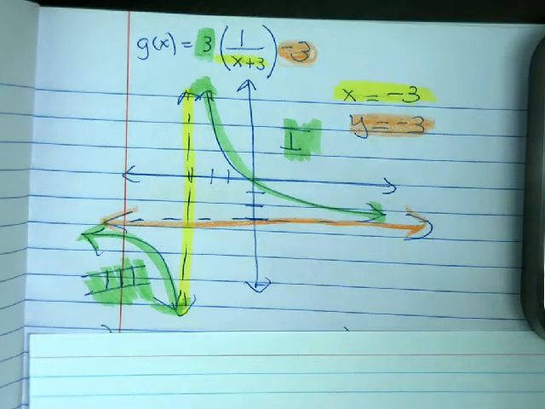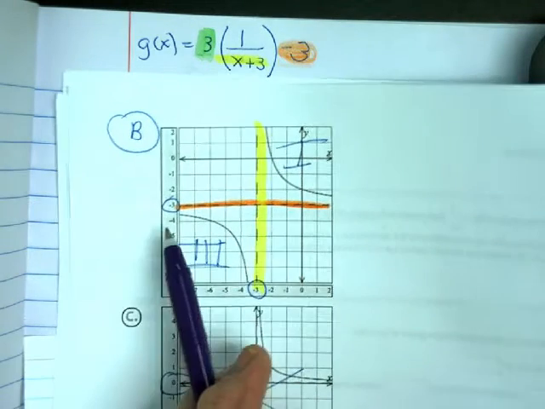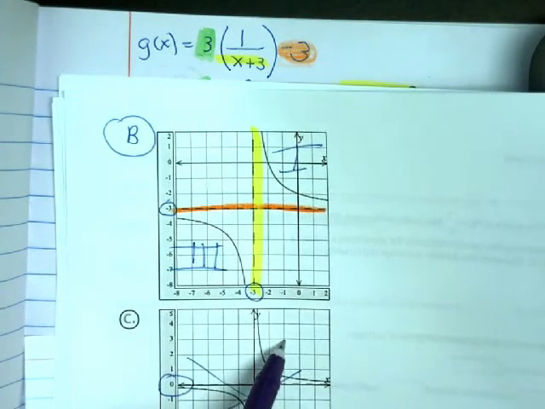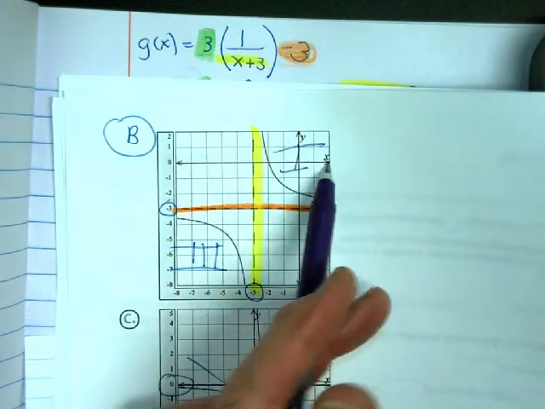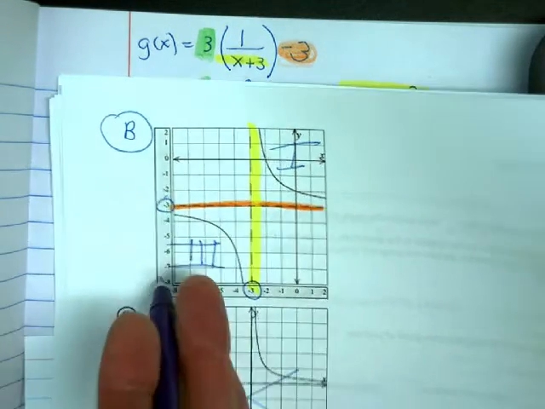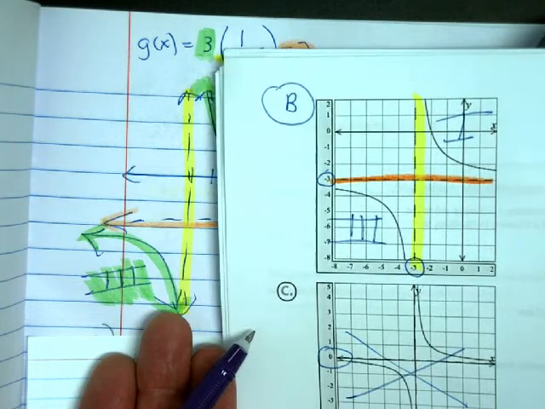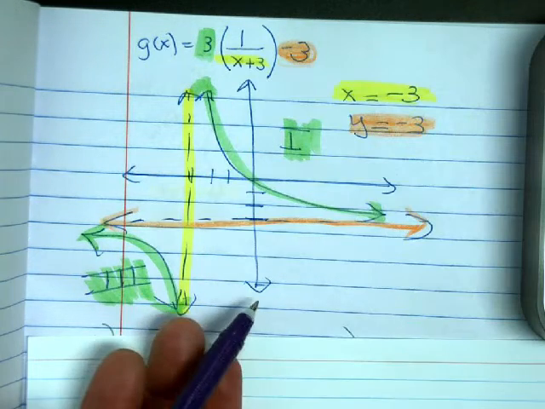So that will help your eyes look for the right thing. I'm going to look for, here's the right one, a negative 3 and a negative 3, and a curve in 1 and 3. So you don't have to draw, this is just a repeat of what we drew here.